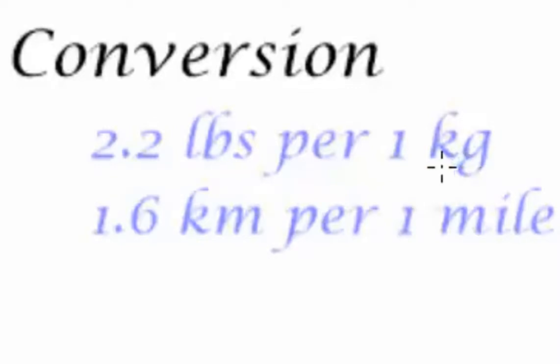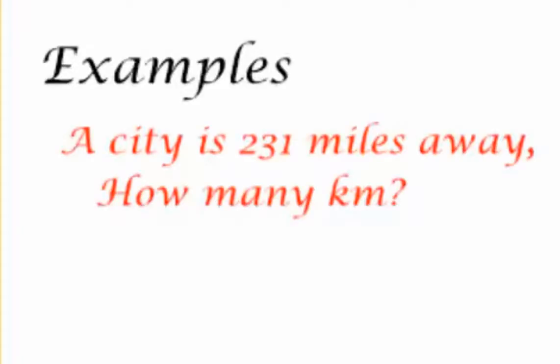There are 2.2 pounds per 1 kilogram and 1.6 kilometers per 1 mile. Let's apply these common necessary conversions and let's see how we can work. A city is 231 miles away. How many kilometers would that be?